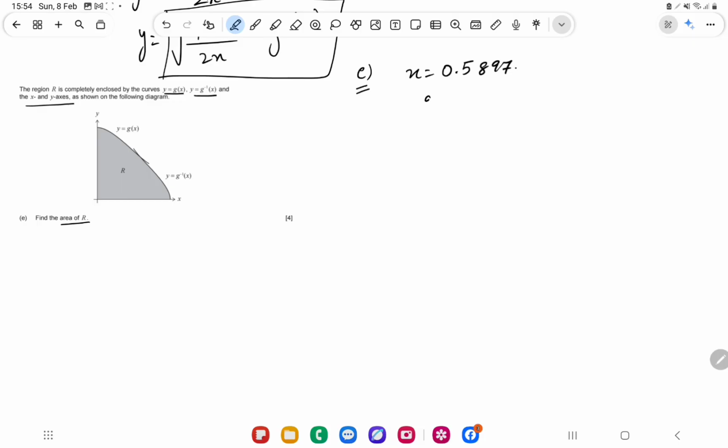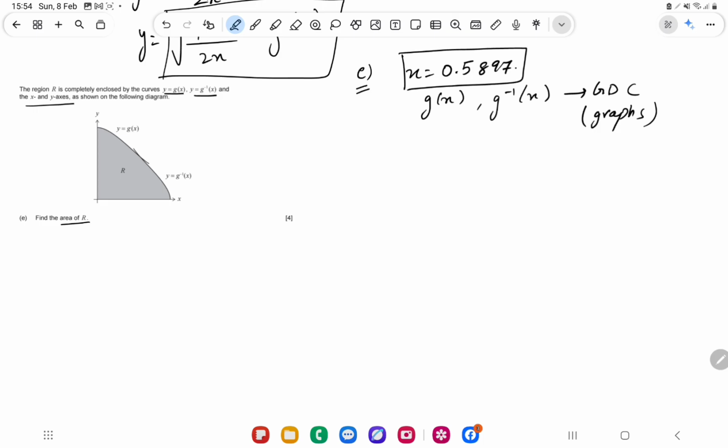What you have to do is put your g(x) and g inverse x in your GDC under graphs, and from there you can press G-Solve and check the intersection point. You will see the x value as this. But we have to find the area. So this area is formed by g(x) and g inverse x.